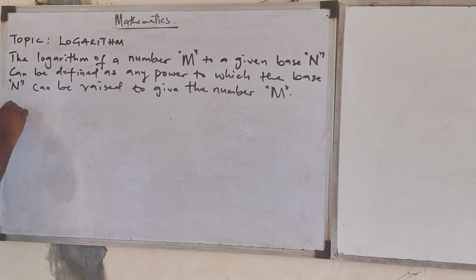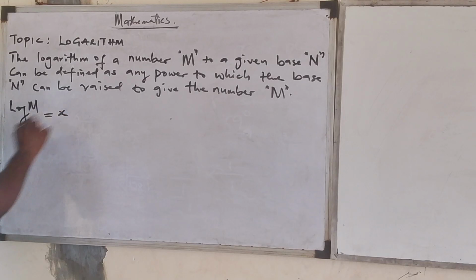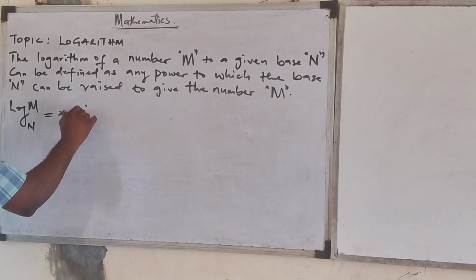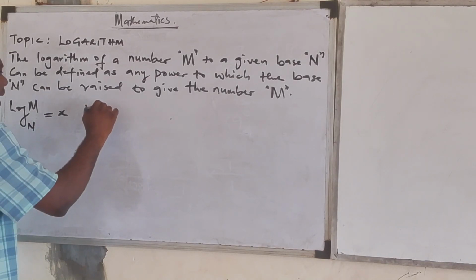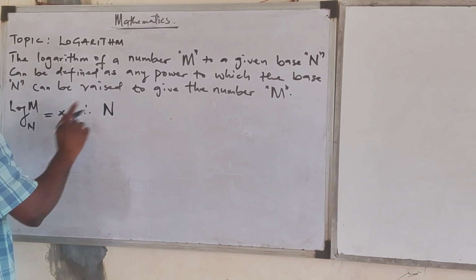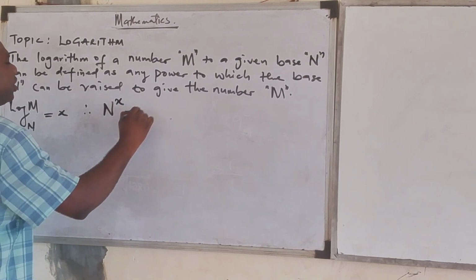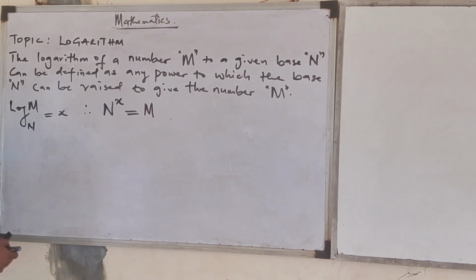If log m base n is equal to x, it therefore means that n raised to the power of x must be equal to m. The logarithm of this number m to a given base n is any power x to which n can be raised to give m.